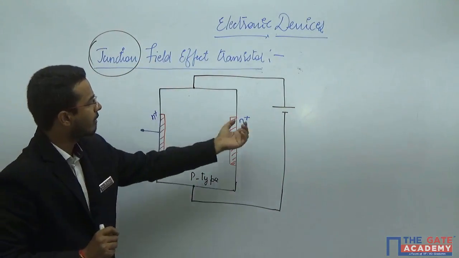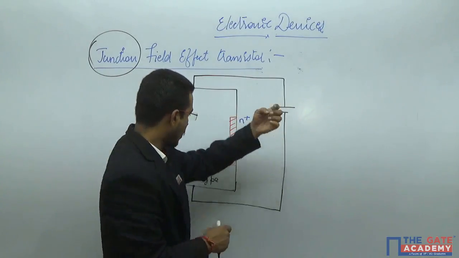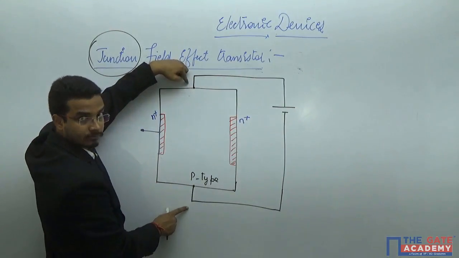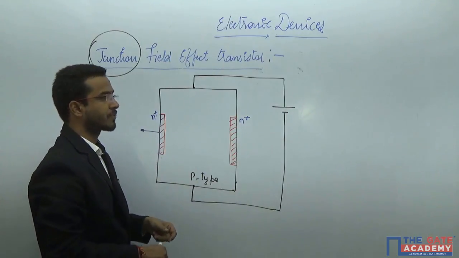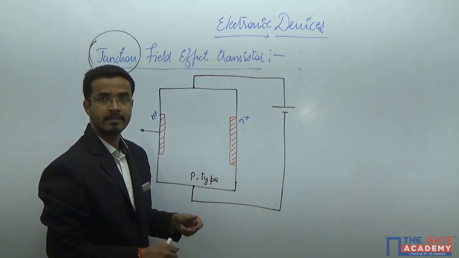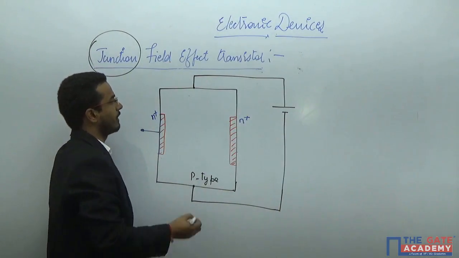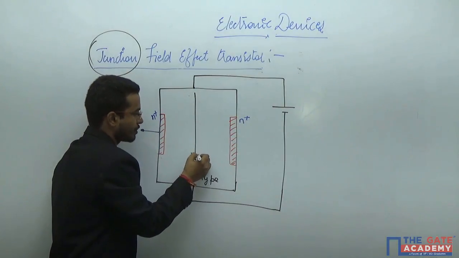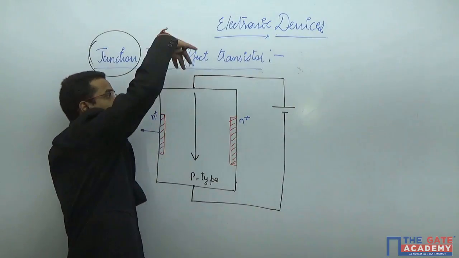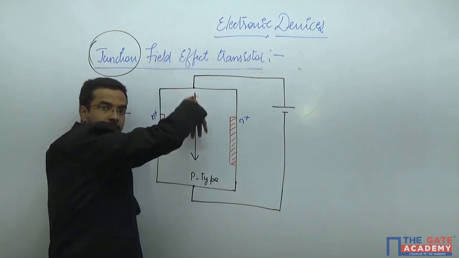So now, if you apply the battery across this particular device, in which direction will the electric field exist? Always the electric field will exist from higher potential to lower potential. That means the electric field will go like this.